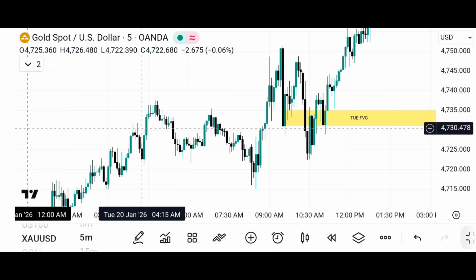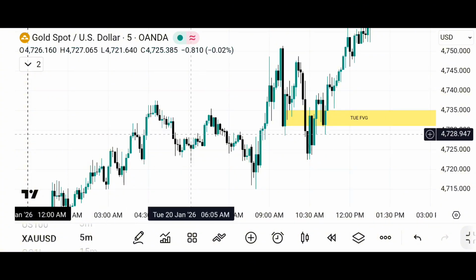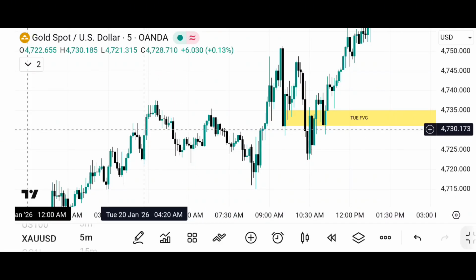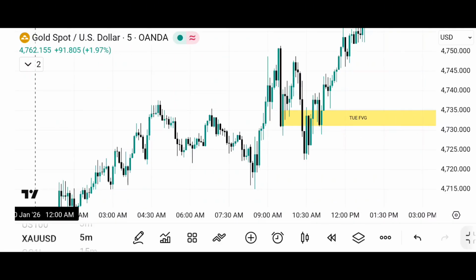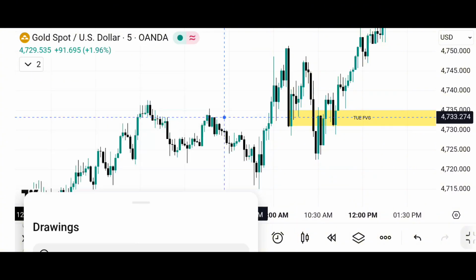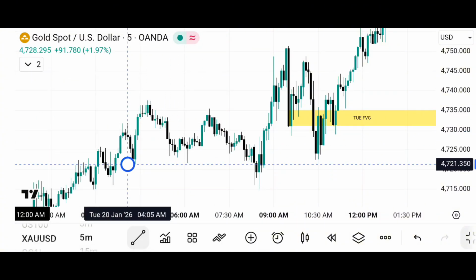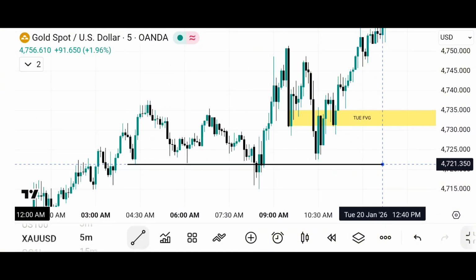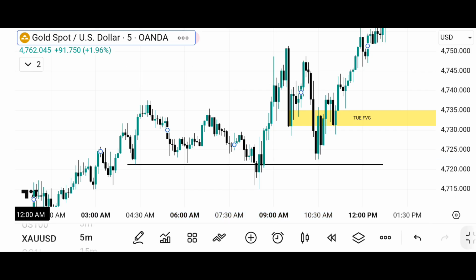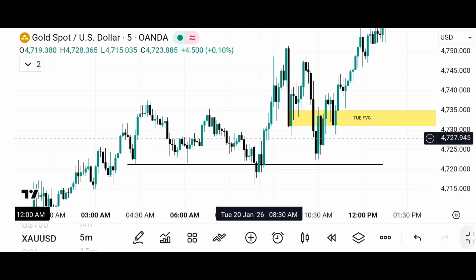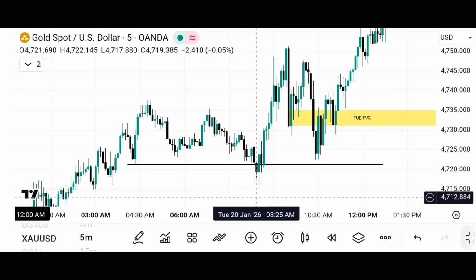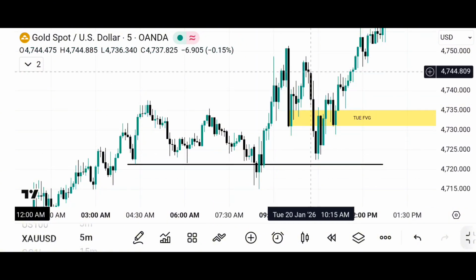That's 4721.315. Look at the low of this candle: 4721.640, which means this one is lower than this, right? And these are relative equal lows. See, when you see price trading below them to reverse up.